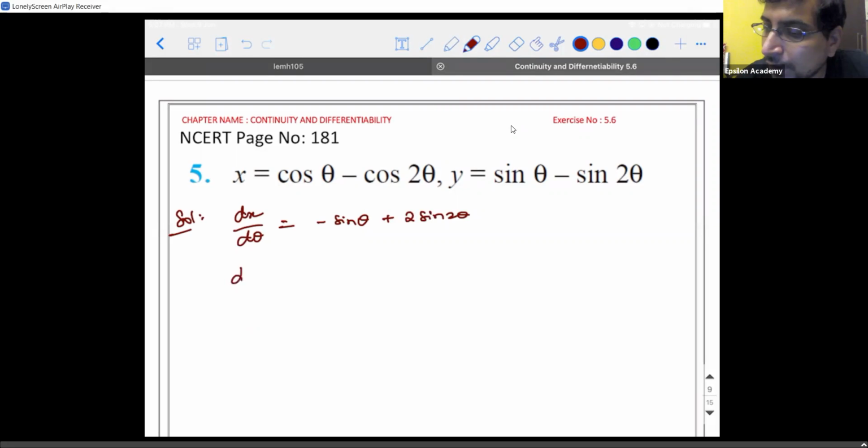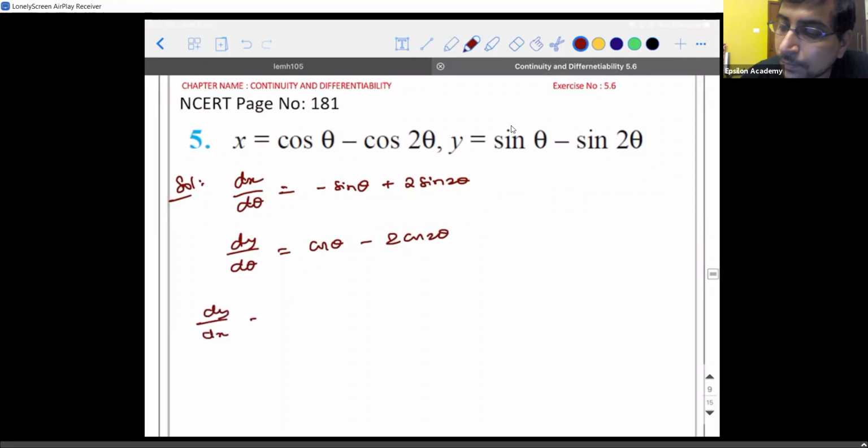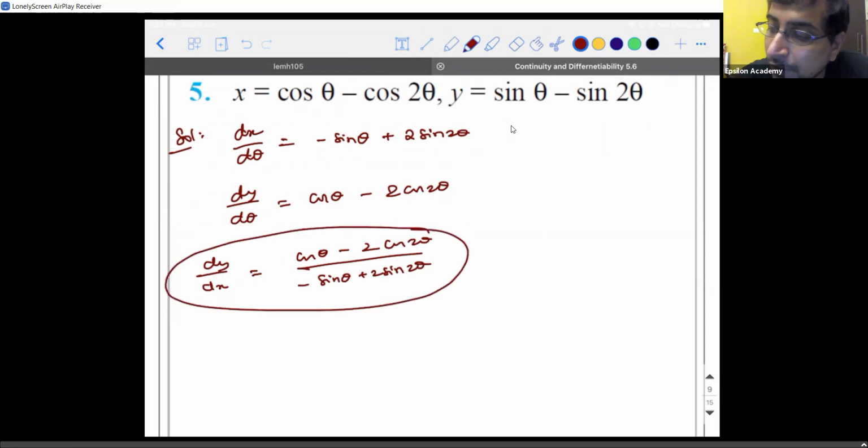Similarly, dy by d theta is cos theta minus 2 cos 2 theta. So what is dy by dx? It is cos theta minus 2 cos 2 theta divided by minus sin theta plus 2 sin 2 theta. Right? So this is the value of dy by dx.